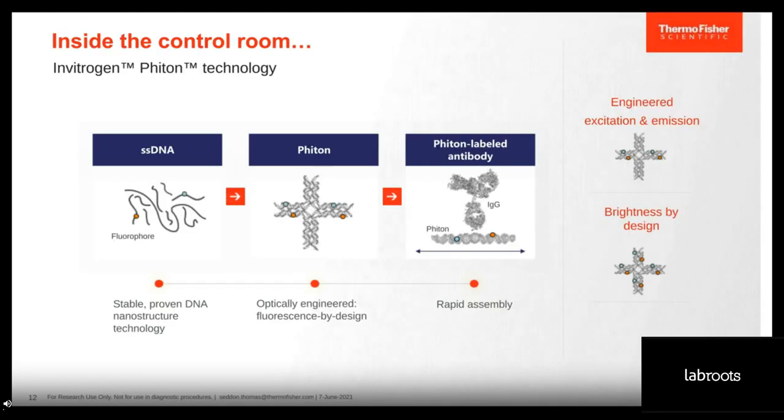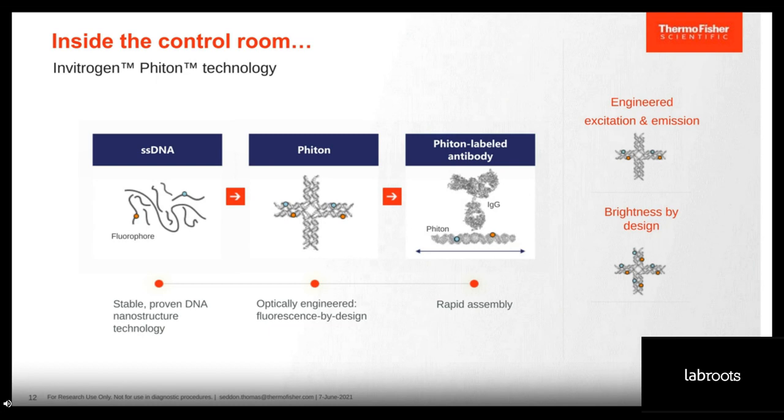And so stepping back from that, one of the things that we did, this is showing you the Phyton platform, which is actually a new way to think about developing dyes and then testing that out in these bigger flow panels. What you can see is that there is initially the single-stranded DNA, and there are donor and acceptor dyes that are on different strands.